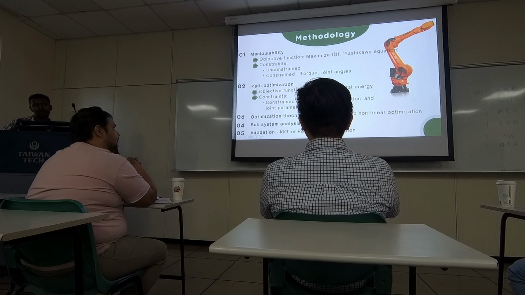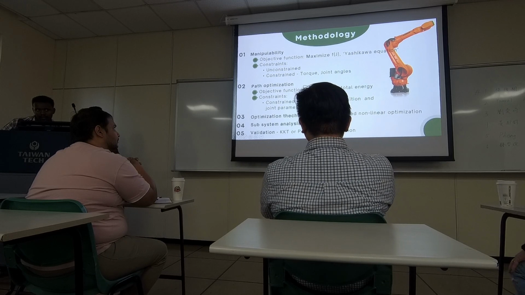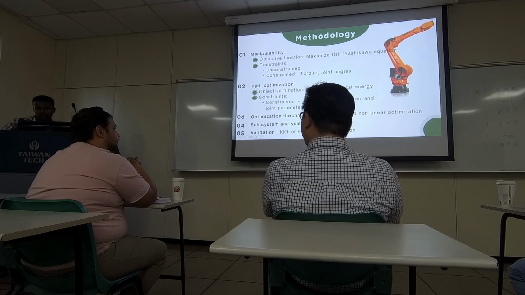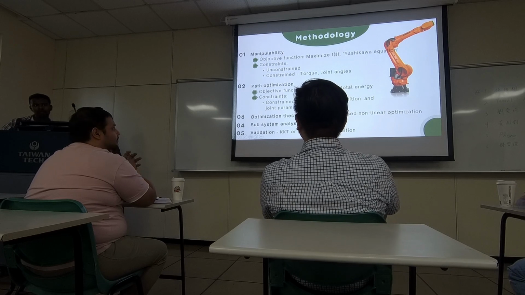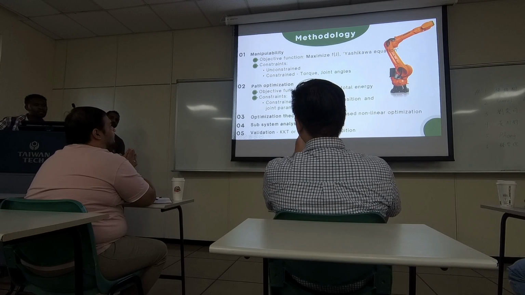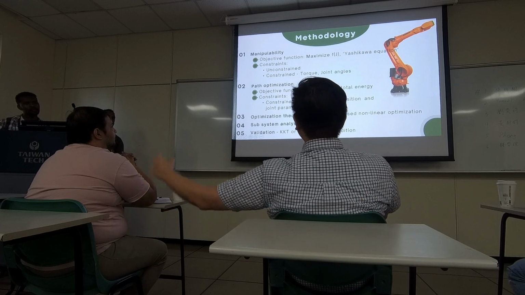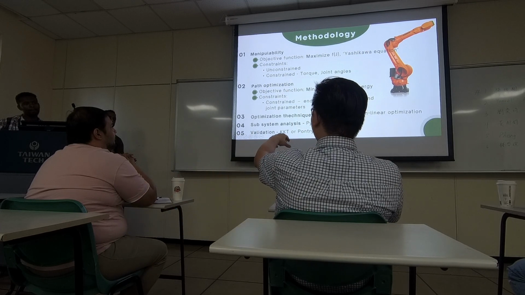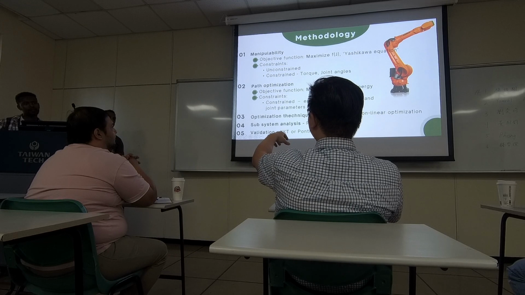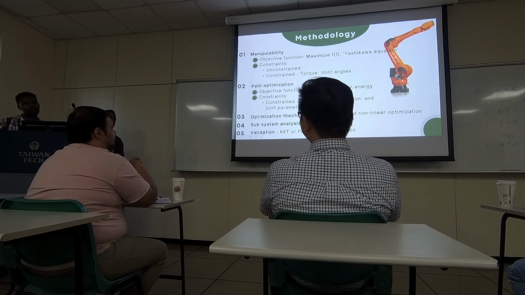I think it will be better before you do the basic optimization. Yeah, I agree. For the singularity, maybe you also need to put them in your constraint. You never want to move through the singularity position. Otherwise, you will lose control.